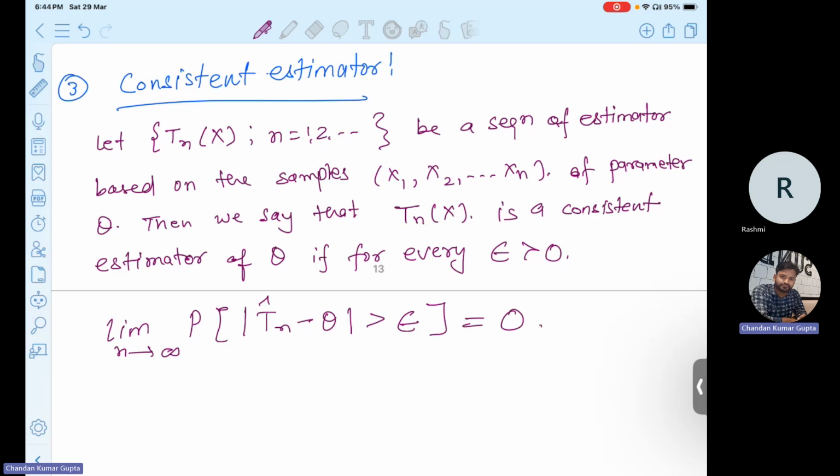Then we say that Tn is a consistent estimator.